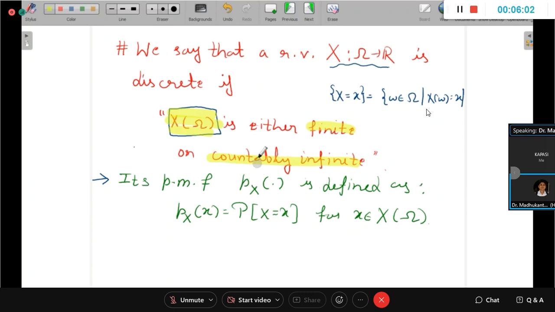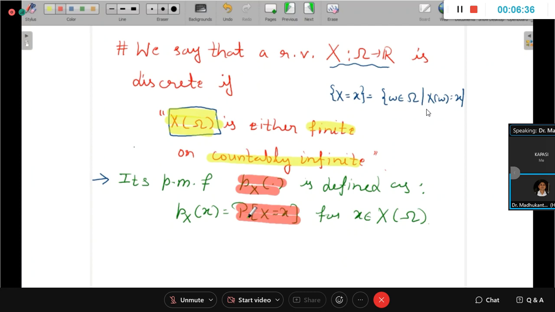And we have identified its PMF, which we denoted by p_X, where the suffix X denotes the dependence. It is defined as the probability that X equals x. It has some attached properties, non-negativity and the normality condition.